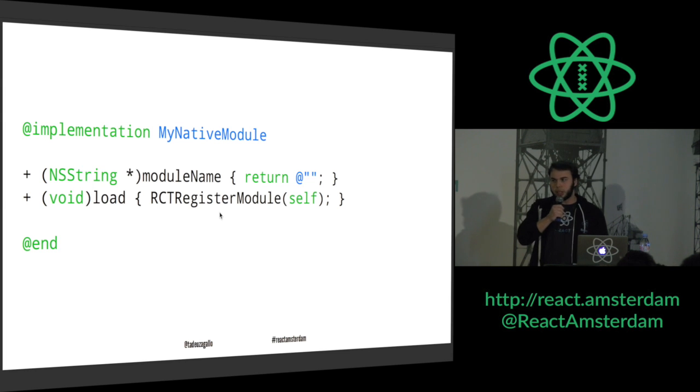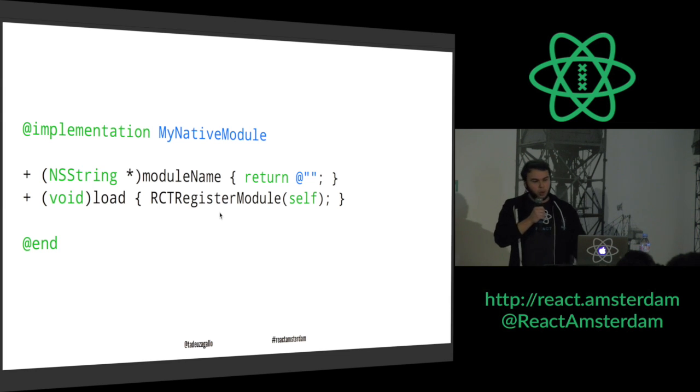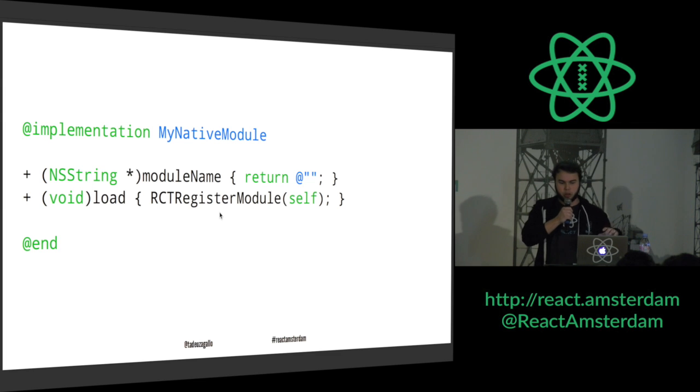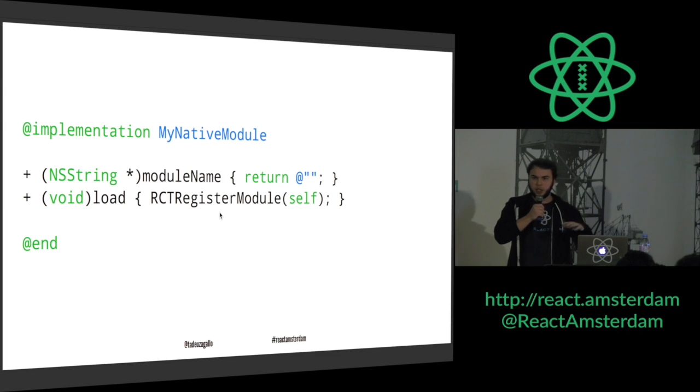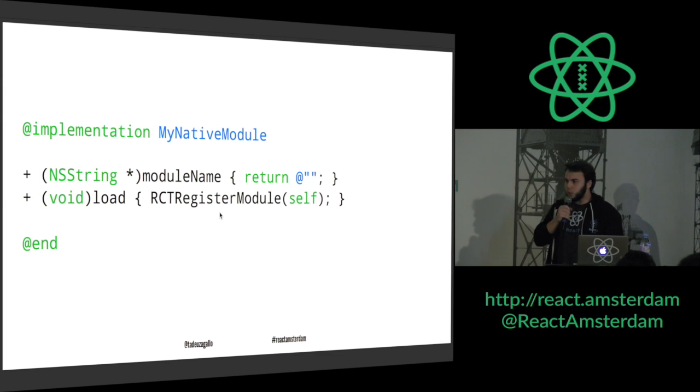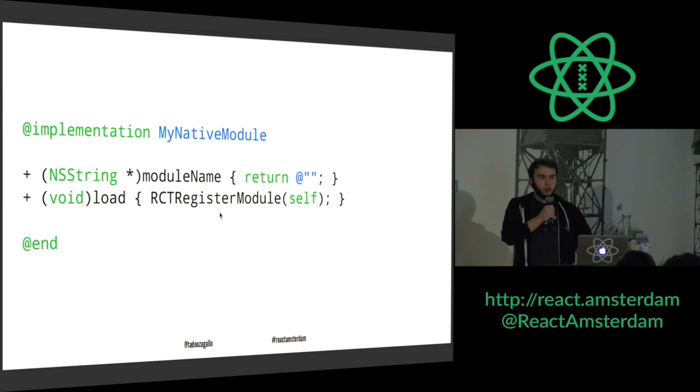So as soon as your module is loaded into memory, it will call the bridge to register this module. The only thing that the bridge does at this point is record that it knows your module exists. When you start actually loading your app, it already knows about all the modules, and it can go through them and create new instances that your app can use.